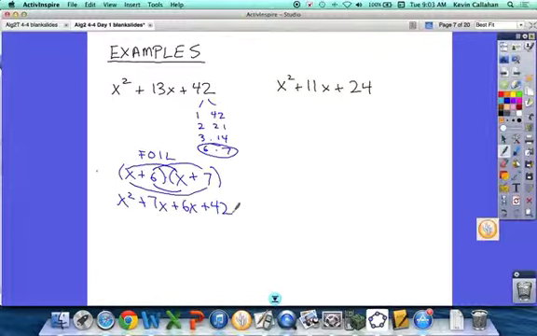Add the coefficients. x squared plus 13x plus 42. I mean, you could see when you FOIL these where that thinking comes from. Find the two numbers whose product is this and whose sum is that. There's the sum, and 42 was the product, 6 times 7. That's how all that came together.